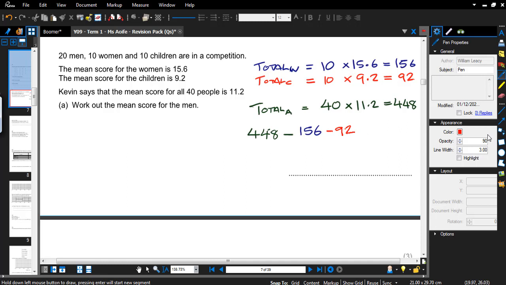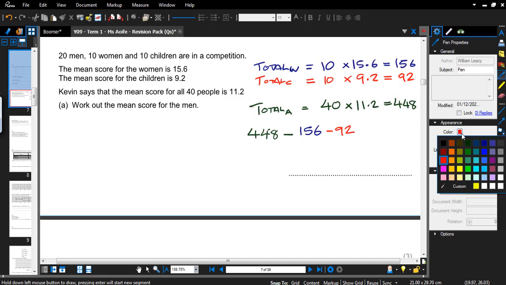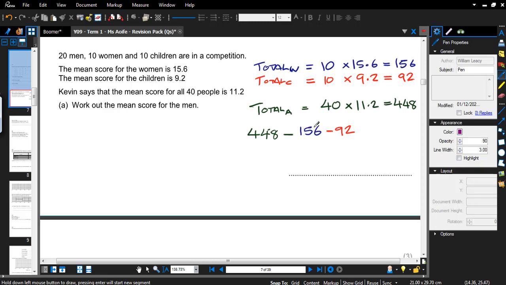So 156 plus 92 is going to be 248, right? So 448 minus 248 equals 200. So the men scored 200, the women scored 156, and the children scored 92.